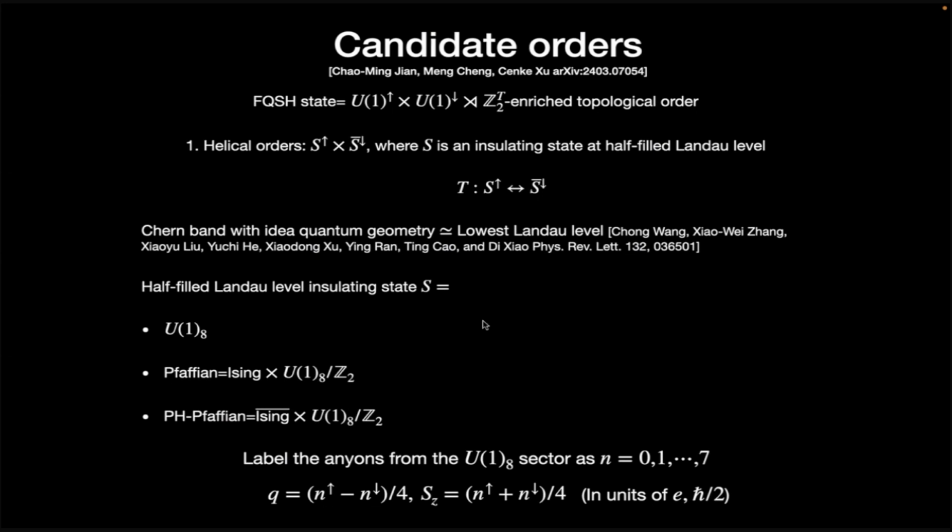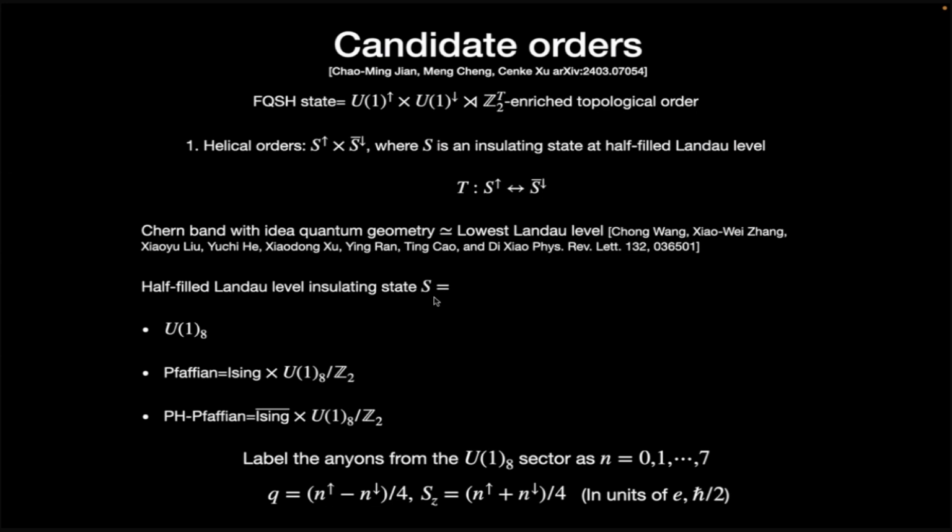The reason is that we have this moiré band with Chern number 1 or -1 with almost ideal quantum geometry, which means that they can basically be viewed as the lowest Landau level. If we view these as Landau levels, then we know that there are many candidate insulating states S. If we take any of these insulating states, take the time reversal conjugate, and then take the product, we would have a state that has this symmetry, and it would have 0 Hall conductance but 1/2 spin Hall conductance, which would match with the transport data.